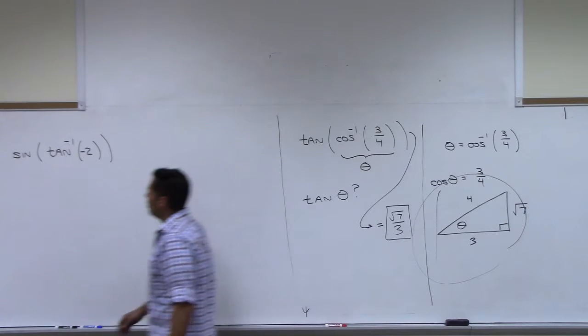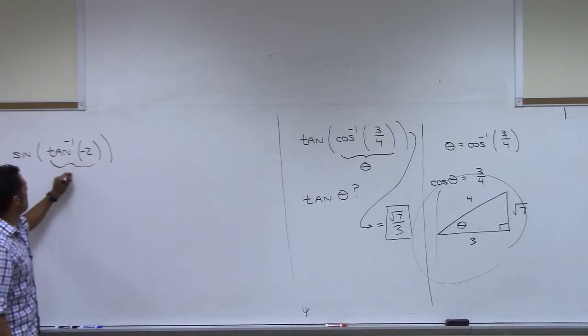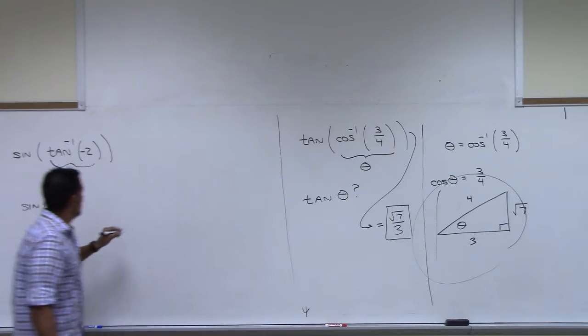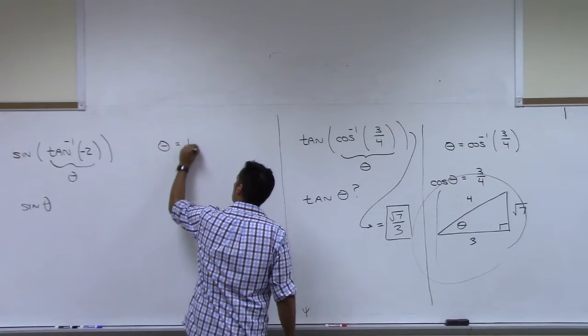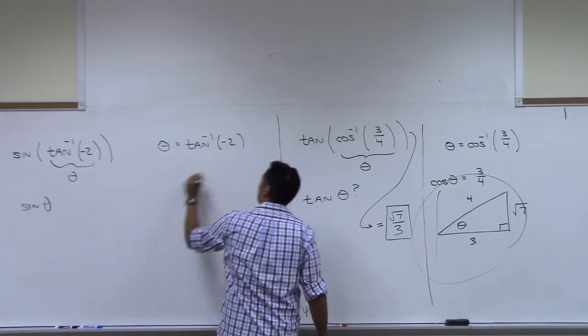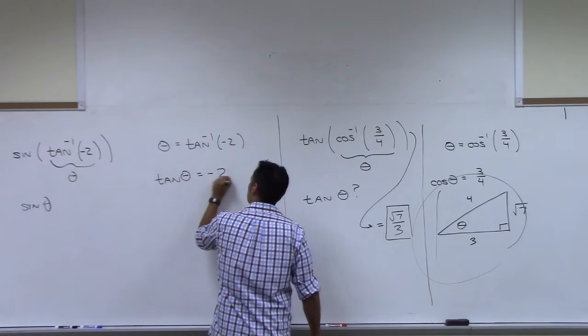This one right here produces an angle, right? So we really want to know what sine of this angle is. If we were to write this down, theta equals arctangent of -2, then tangent of theta equals -2.